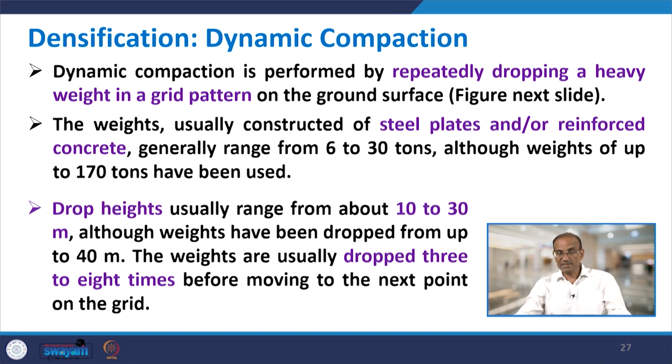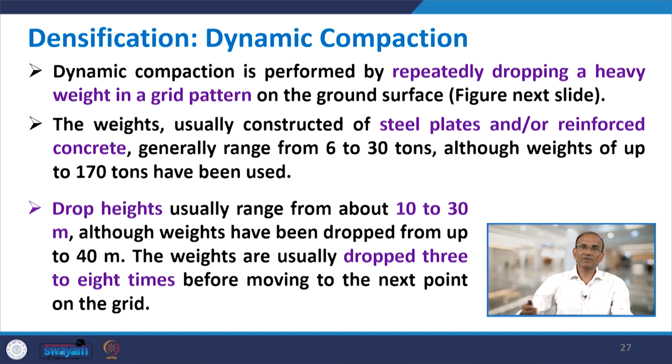The weights are usually constructed of steel plates or reinforced concrete, and generally range from 6 to 30 tons, although weights of up to 170 tons have been used. Drop heights usually range from about 10 to 30 meters, although weights have been dropped from up to 40 meters. The weights are usually dropped 3 to 8 times before moving to the next point on the grid.